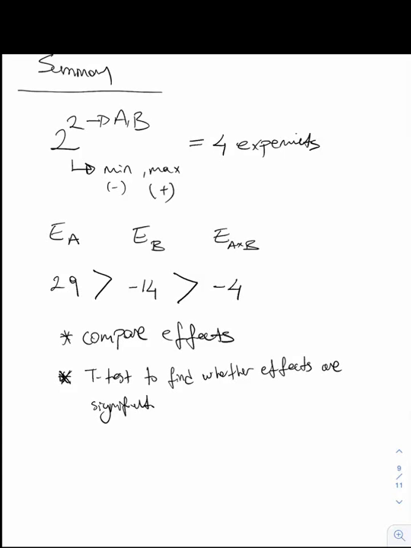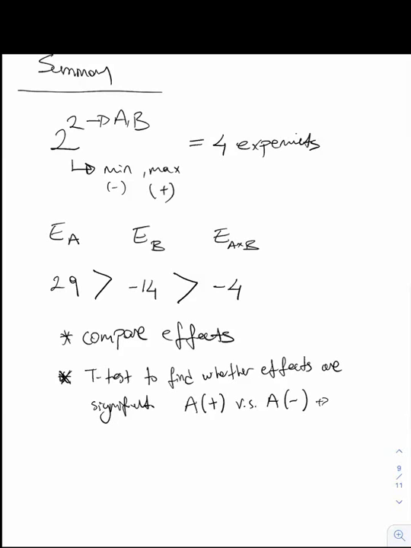So I can do a t-test between all the A pluses versus all the A minuses, and if the effect is larger than a certain t critical value, then I can say if this is significant or not, and I can do the same thing for effect of B and effect of AB, and I would say that A, in this case wire resistance, was able to change the system response by 29, and that was a significant effect or not.